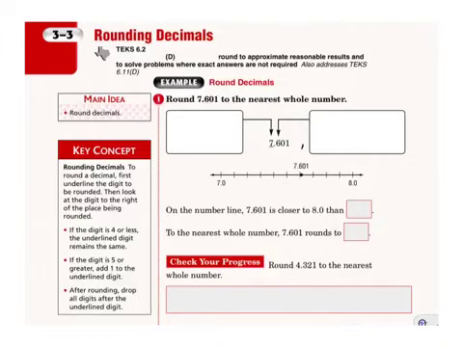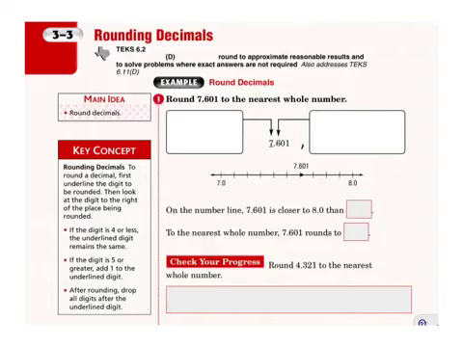So let's go ahead and read rounding decimals. To round a decimal, first underline a digit to be rounded. Then look at the right of the digit of the place being rounded. If the digit is 4 or less, the underlined digit remains the same.